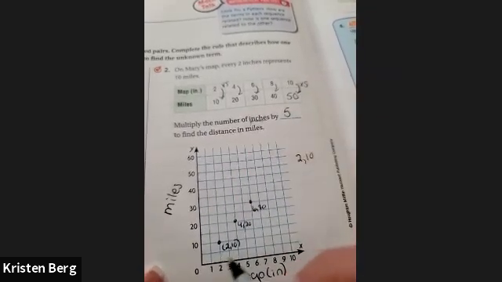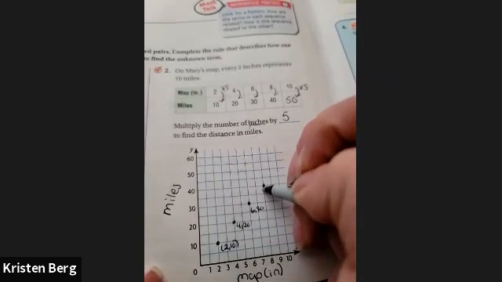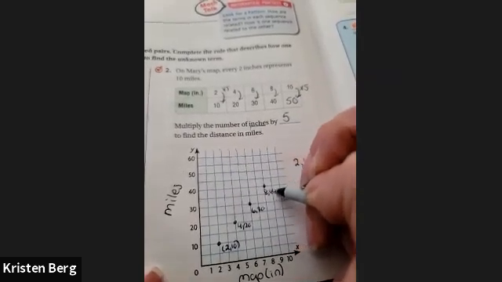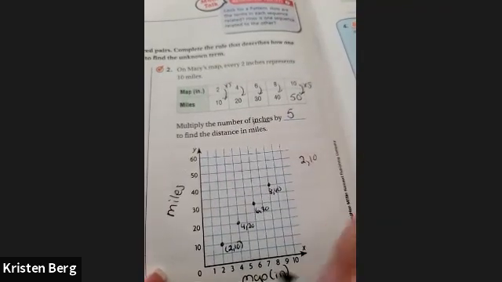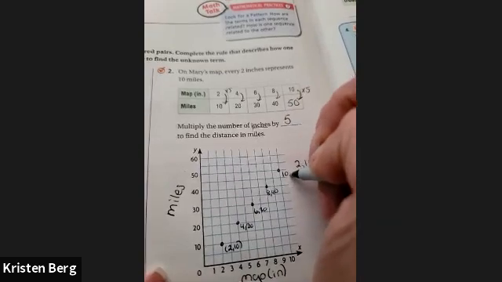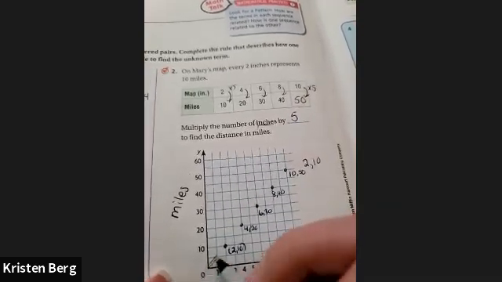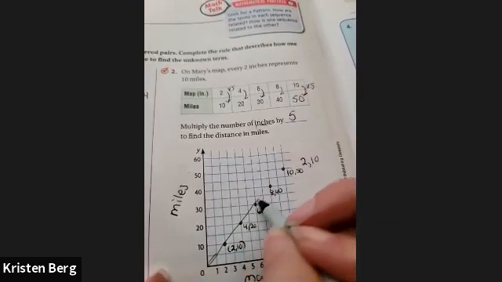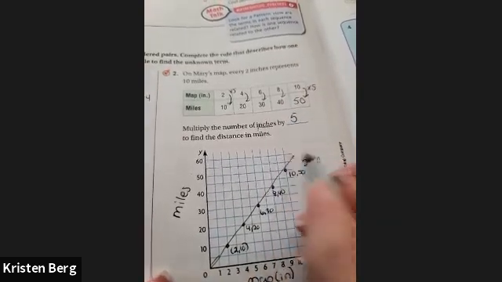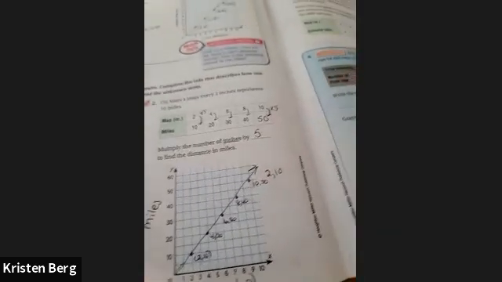Then the next one is 8, 40. And then the next one is 10, 50. And then you start here and you make a straight line. You should go through all those points. And if you kept extending it, you could keep on seeing all the way out what it would be.